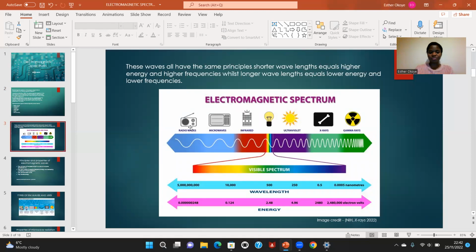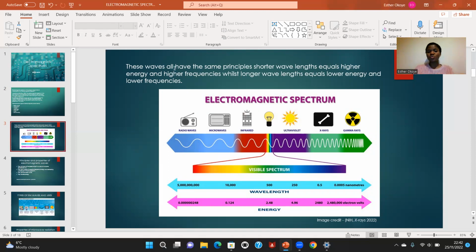So we can see that radio waves have the longest wavelength and gamma rays have the shortest wavelength. We can also see in this image that radio waves have the lowest energy and gamma rays have the highest energy.